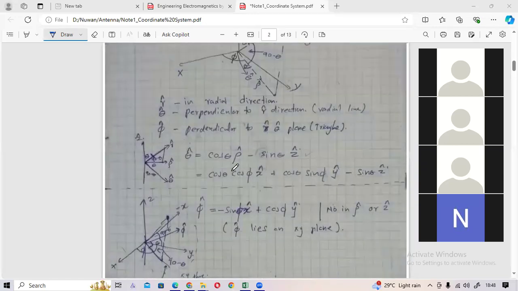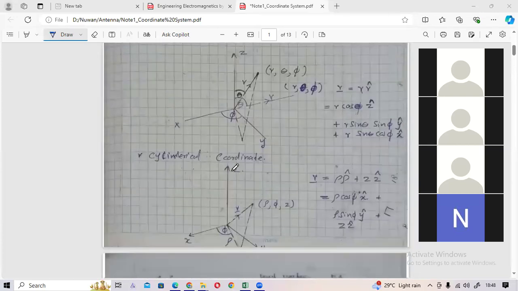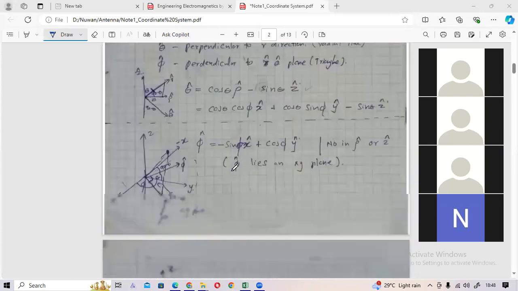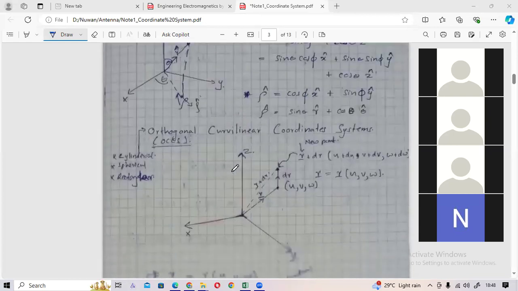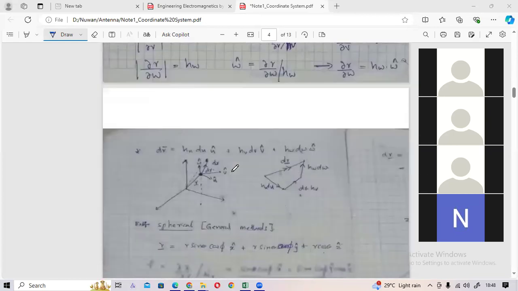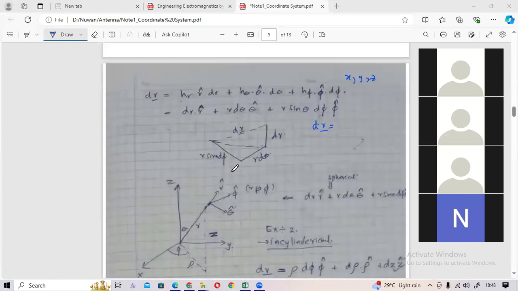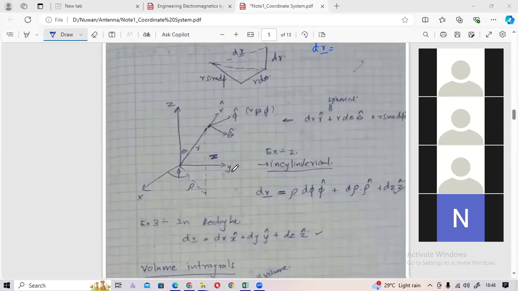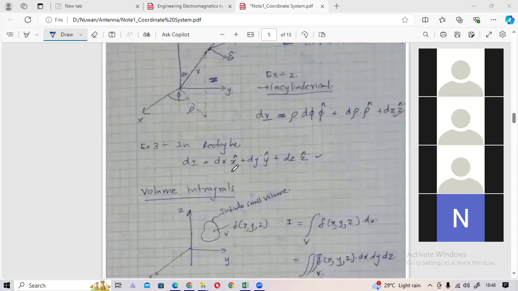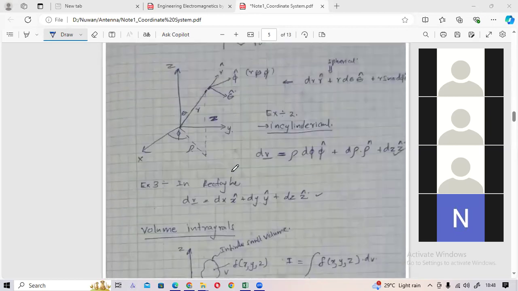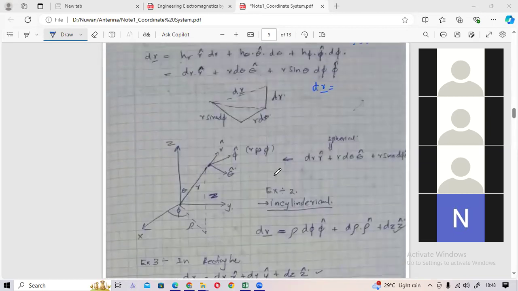So basically you should keep remembering these identities. One is in the Cartesian or rectangular coordinate.